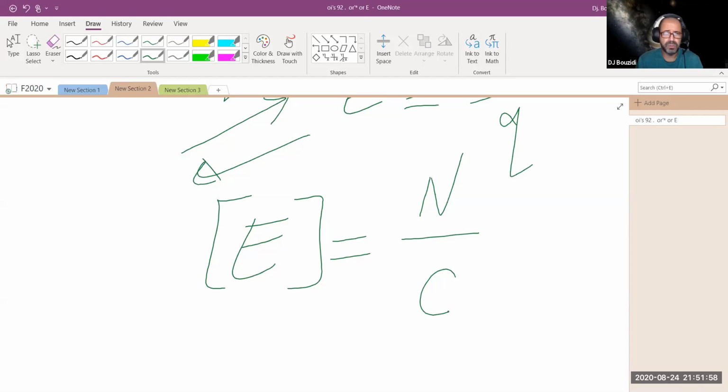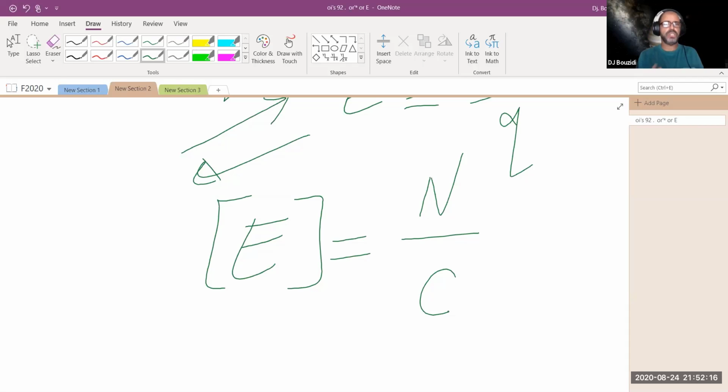It can be expressed in terms of the ampere and the time, seconds. Now, 1 unit of the electric field is 1 Newton for every 1 Coulomb. That's basically how you can imagine it.